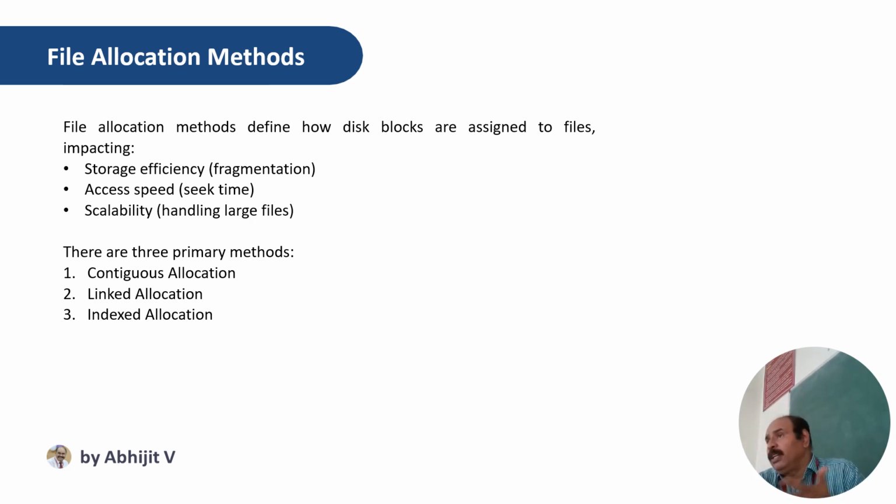Access speed is the time it takes to access the file. Scalability means there might be very small files, there might be very large files, right? All these should have equal or proportionately equal ways of access. So are the file allocation methods clear for you?